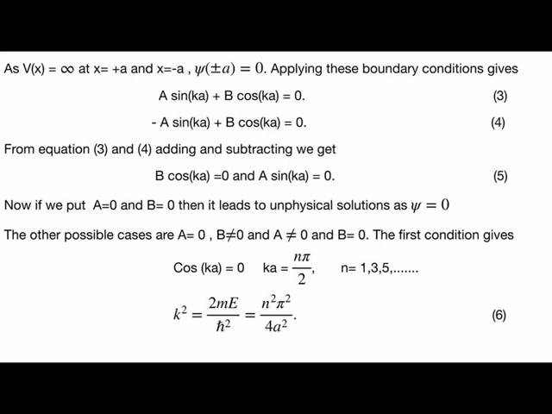cos ka is equal to 0. Now you know that cos theta is 0 at n pi by 2, that is cos 90, and for n equal to 1, 3, 5, like 3 pi by 2, 5 pi by 2, cos is 0. From here, we have assumed k square is equal to 2me by h cut square.